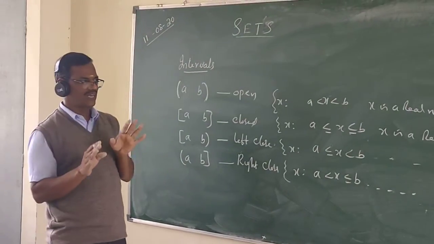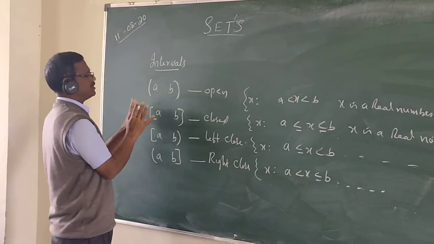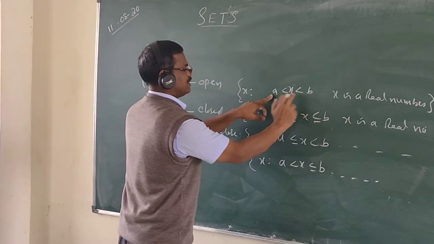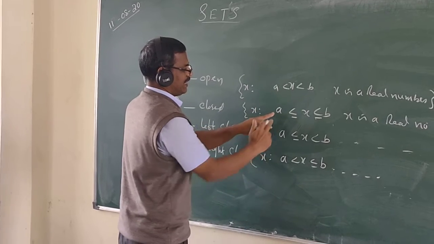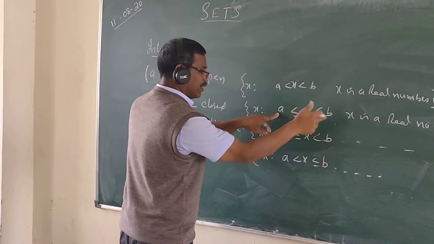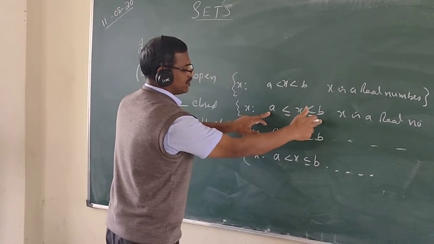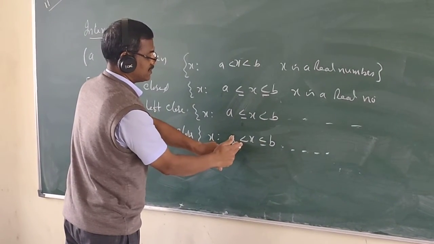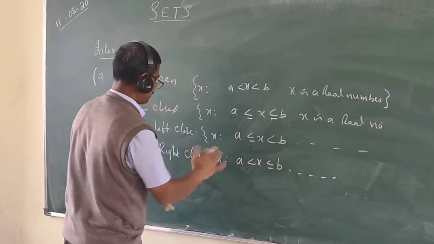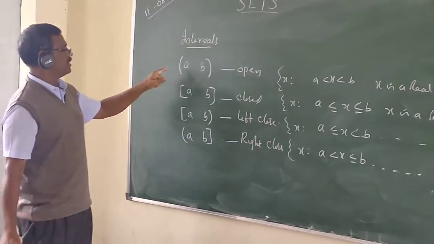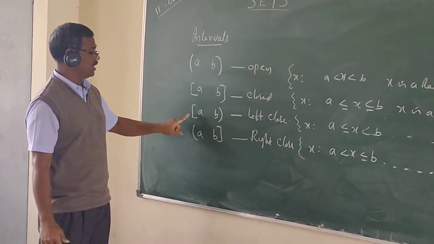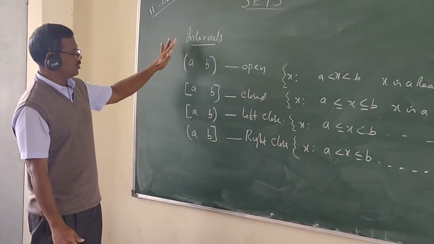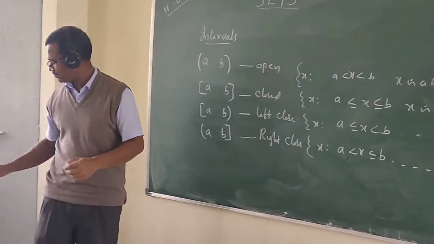Only what you have to understand is that it is a set of elements where A and B do not belong to that group because it is between, and in the other, A and B belong to it. Equal to is also there. Here less than or equal, and here not equal. Here less than, here also equal. So it will be taken that way: open, closed, left closed right open, left open right closed. So this is what an interval is.